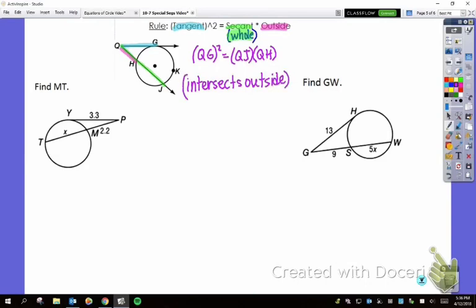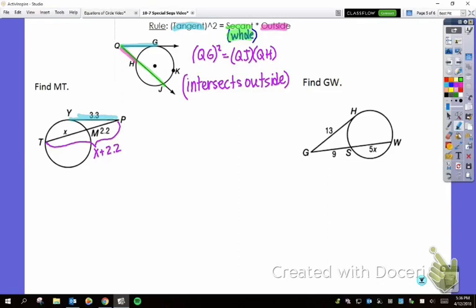So looking at our first example here, we've got a tangent, and our tangent where we hit one time is YP. And then we've got our secant that goes all the way through the circle, and so this whole thing would be x plus 2.2. Our blue piece, our tangent piece, is 3.3.